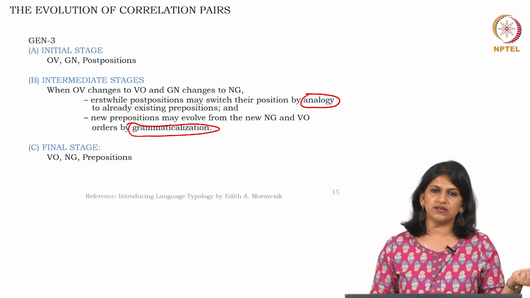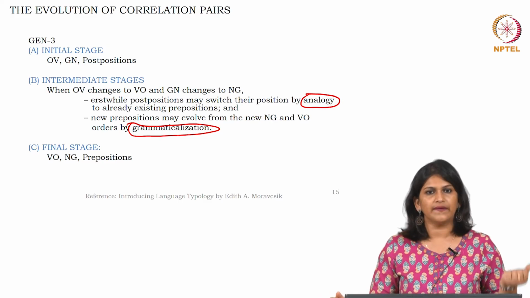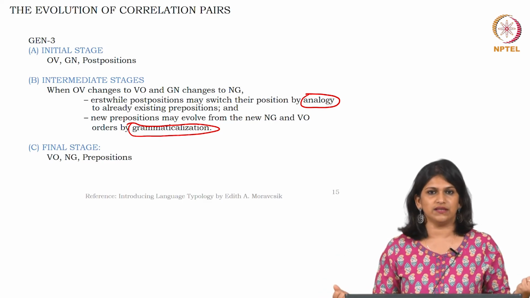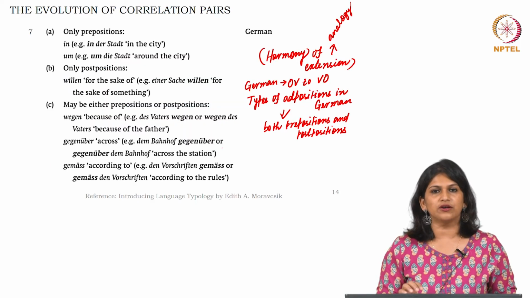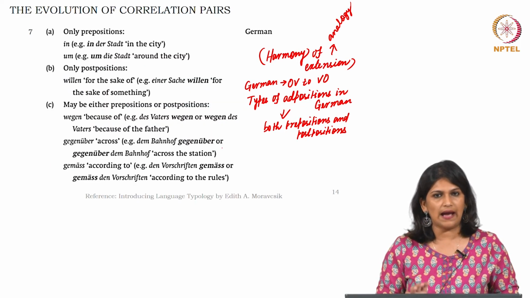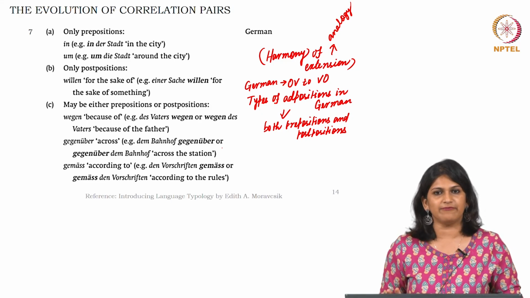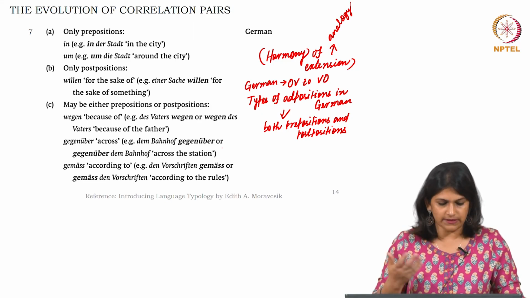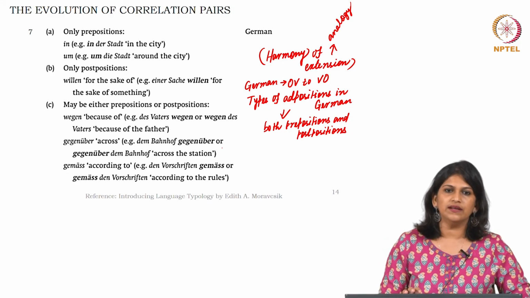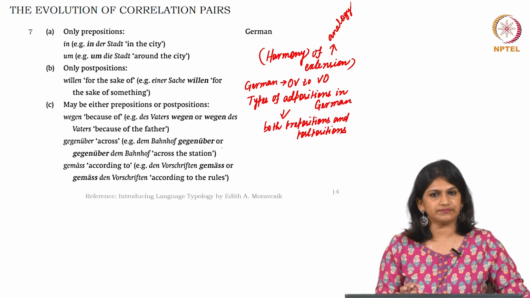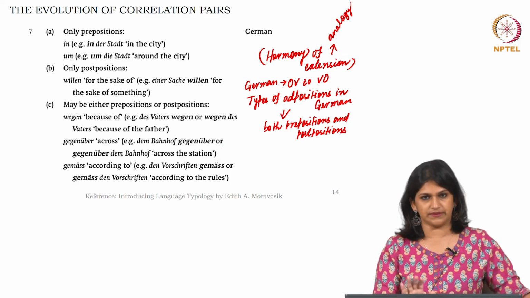So, postposition is older, preposition is newer, OV is older, VO is newer. So, that is how the evolution of the correlation pairs has happened as identified by the typologists, or you can say by the linguists. These are a few generalizations that we can draw from the historical perspective.